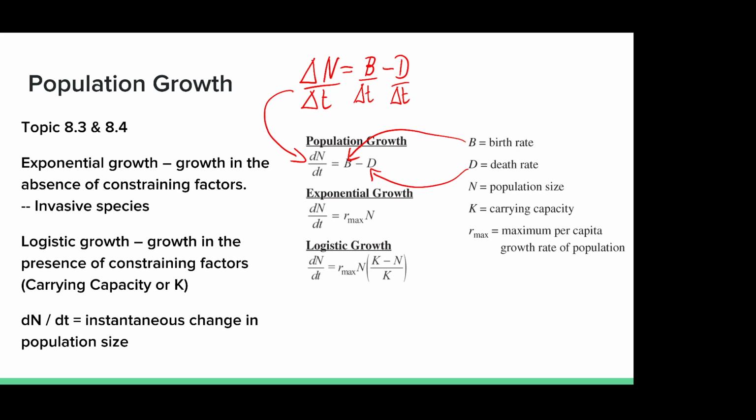In other words, the delta enables us to measure population growth over like a year. The little d, lowercase delta, enables us to measure population growth over a minute of time, over a second of time, over something even smaller. So that's just a more precise measure, but it's basically saying the same thing.